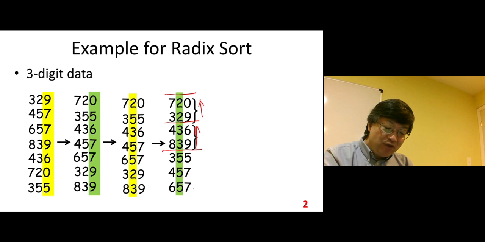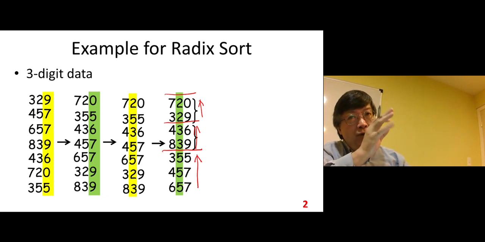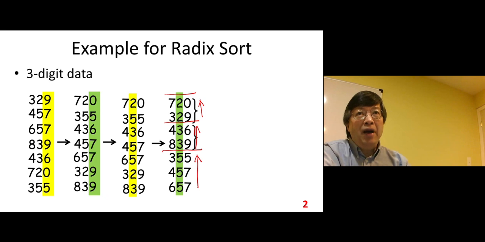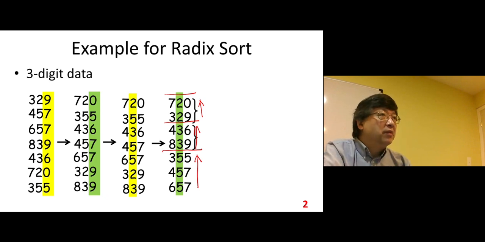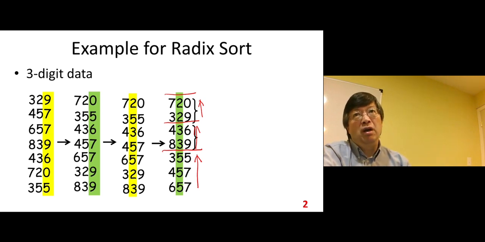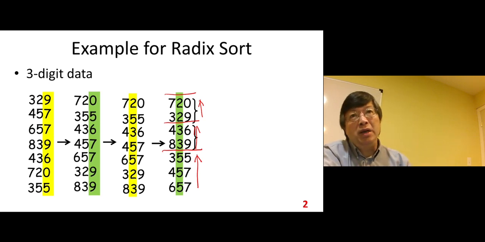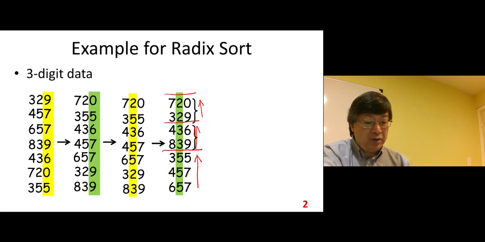With the same digit 5, the order is preserved. That's what we call a local order preservation. That is the property we need. That is what a stable algorithm can give us. So that's why it's so important. We need to study all the details to get to this point.